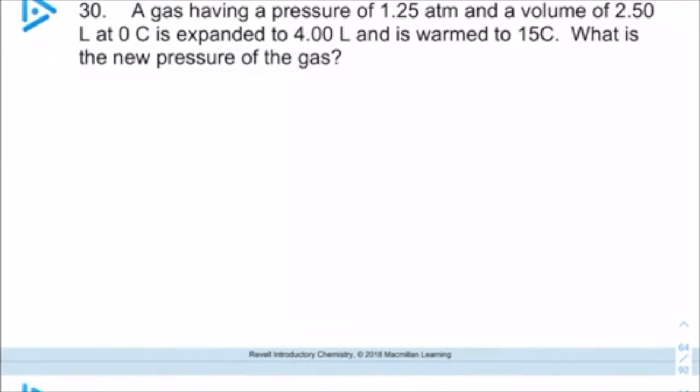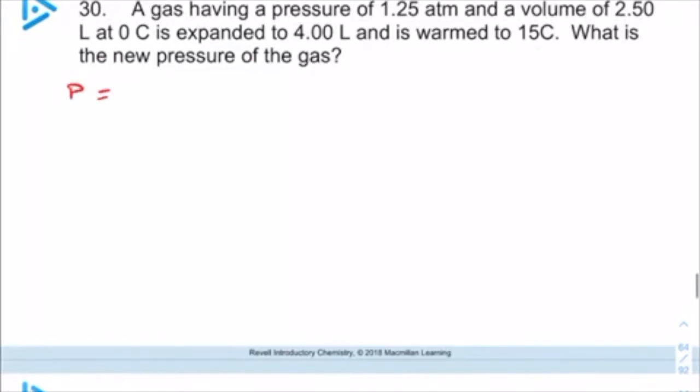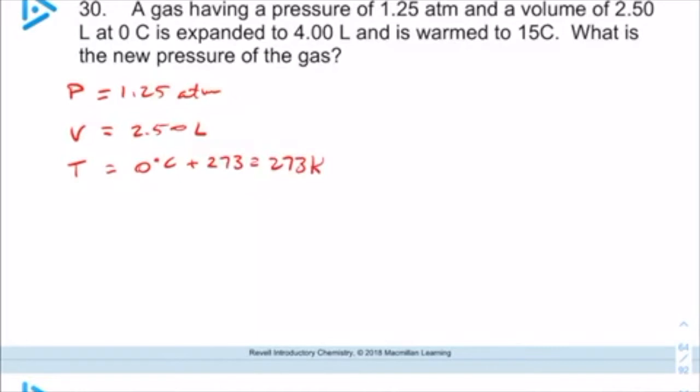30. We have a gas at a pressure of 1.25 atmospheres, and we have a volume of 2.50 liters at a temperature of 0 degrees Celsius. Let's automatically convert that to Kelvin.